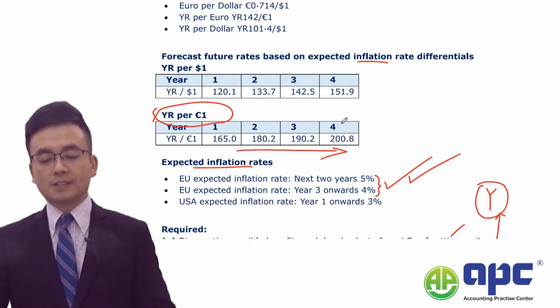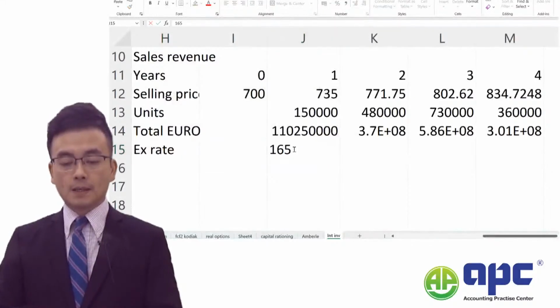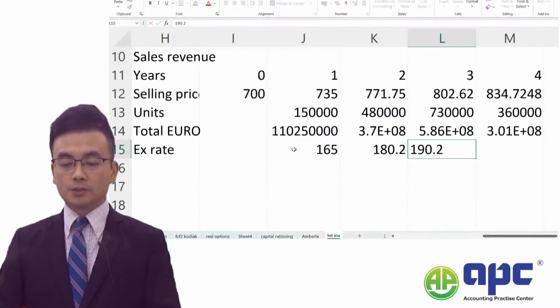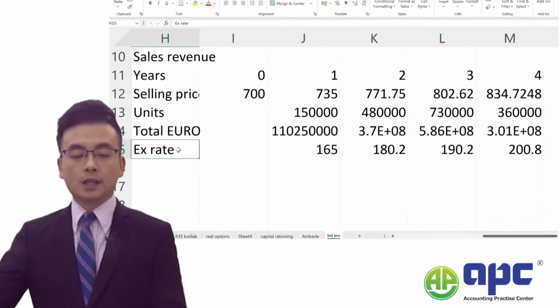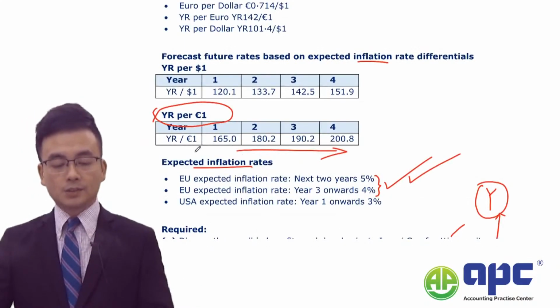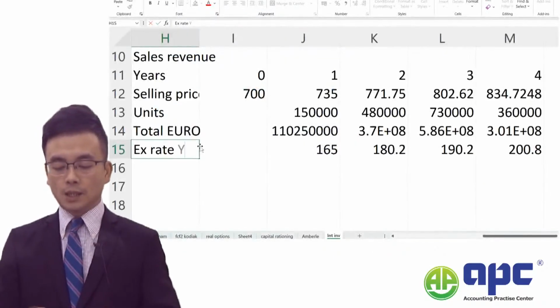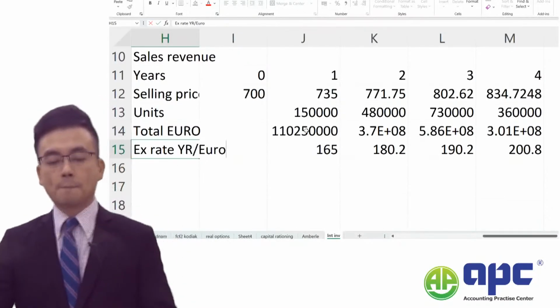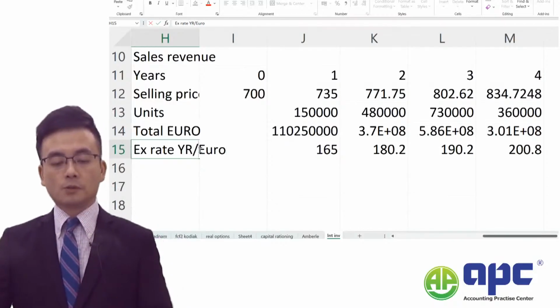So you take 165, then 180.2, 190.2 and 200.8. That exchange rate was quoted as YR per 1 euro. It's all in euro here, per 1 euro.